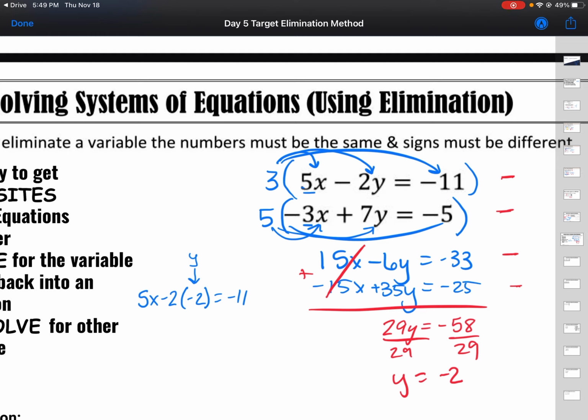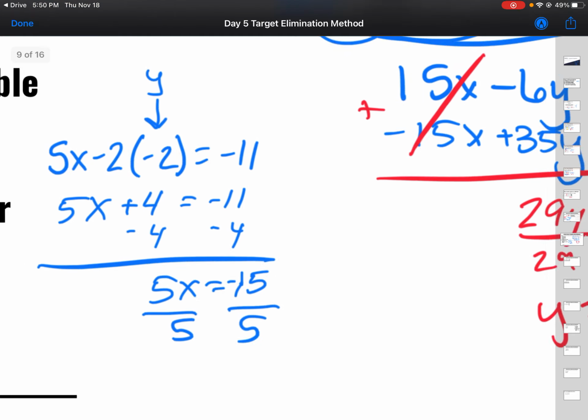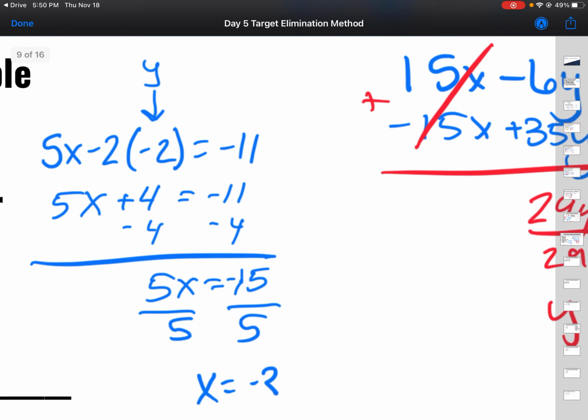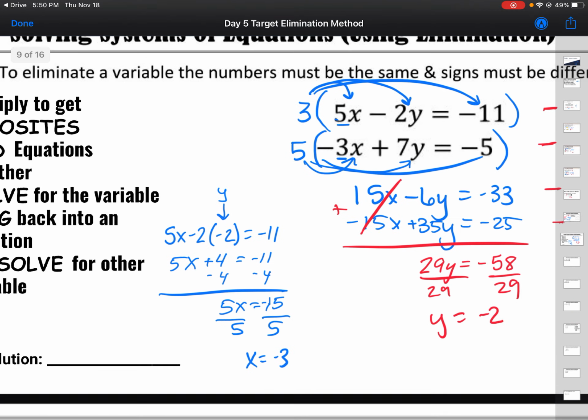And I plugged in negative 2. So 5x, negative 2 times negative 2 is a positive 4. Subtract 4 on both sides. 5x equals negative 15. Divide by 5 on both sides. So x equals negative 3. Final solution, negative 3, negative 2.